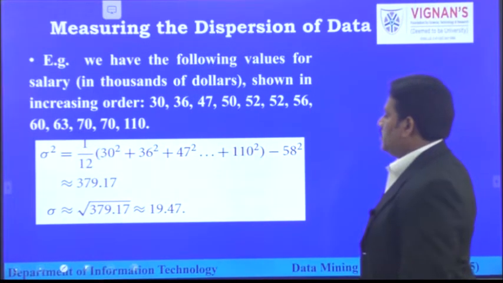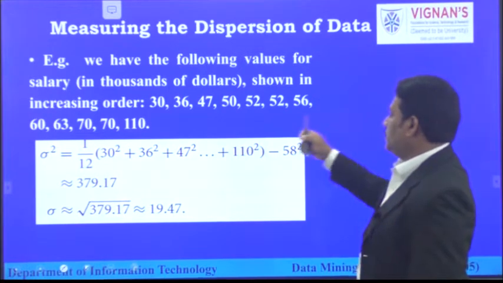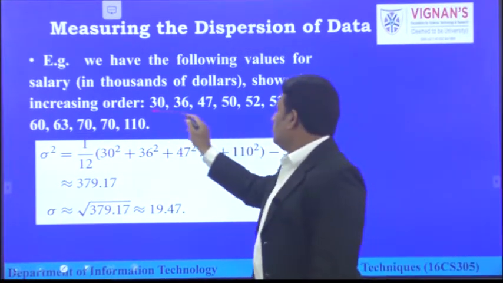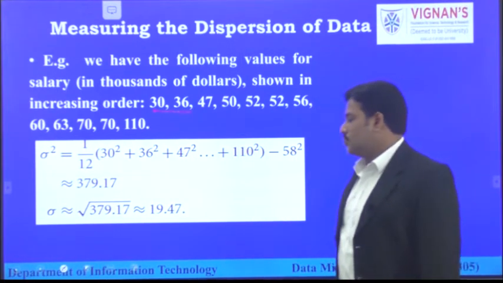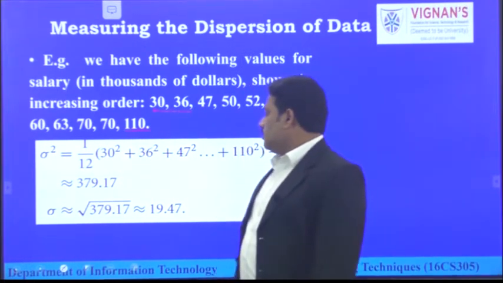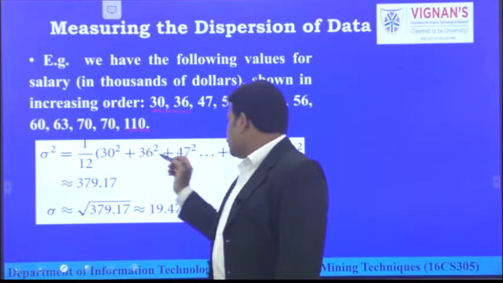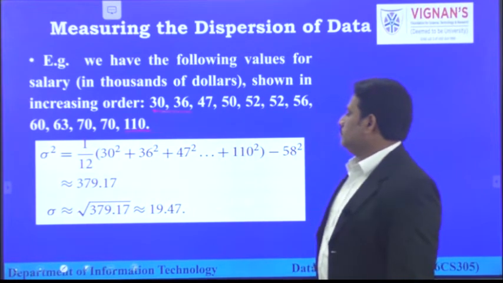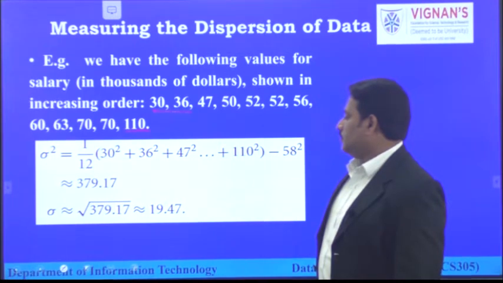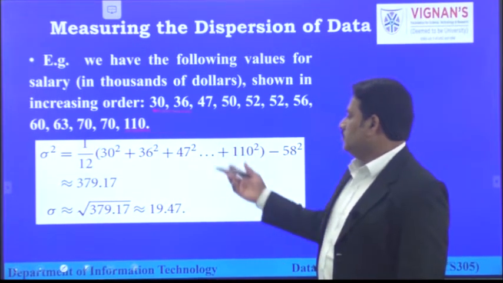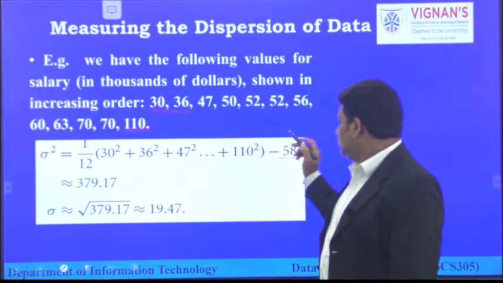Let's consider this example. Here, when we are measuring the dispersion for the given salary values, which are starting from $30,000 to $110,000, the variance formula is sigma square, that is, take the squares of each and every value, subtract with the mean.